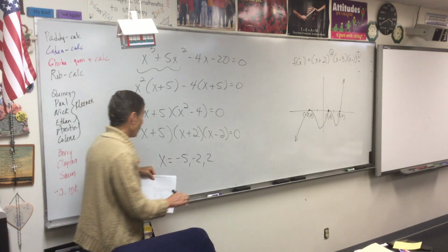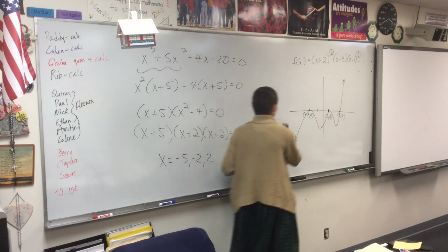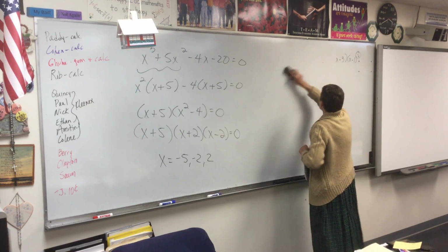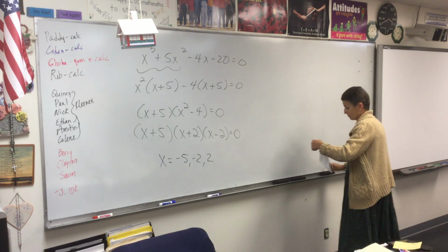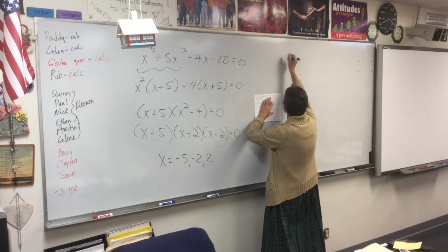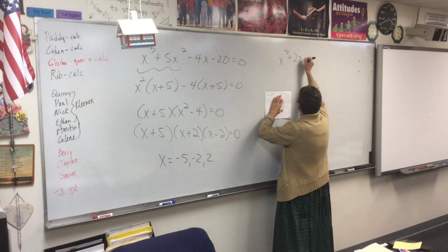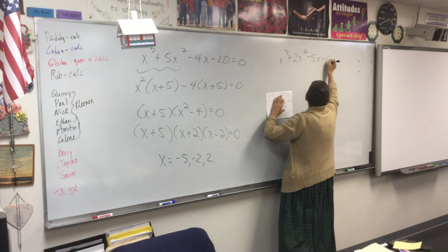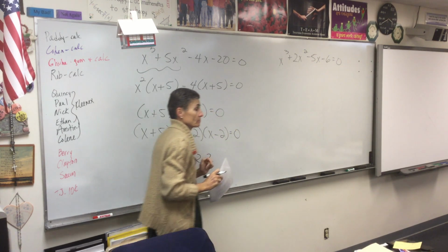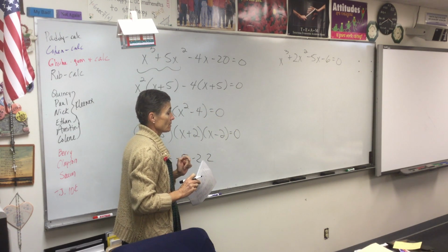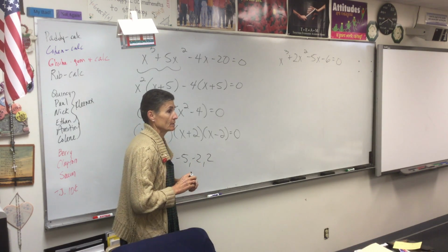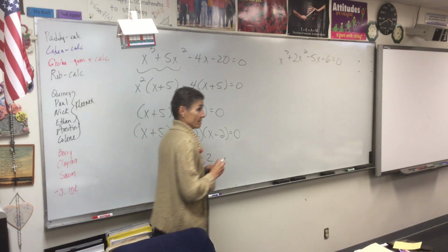Now, notice number 4 has the exact same directions. Find the zeros. What's different about number 4? Well, we're finding the zeros, so we could set it equal to 0. We can't group these. That one doesn't group. Okay, so what do we do if it doesn't group? We start guessing, right?